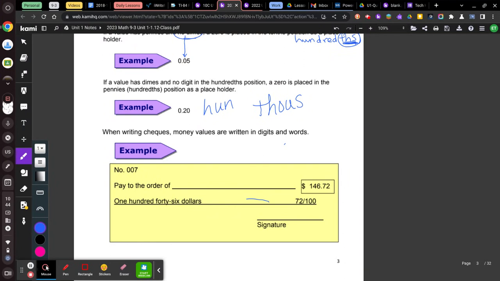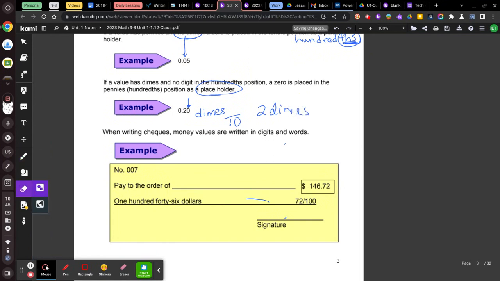So what if you have 20 cents? 20 cents means you need to have 0 in this spot. He's a placeholder. And why is he a placeholder? Because it's telling you you have dimes. And dimes is out of 10. So that would mean you have 20 cents. You've got 2 dimes. Okay? So we have 2 dimes on this one.